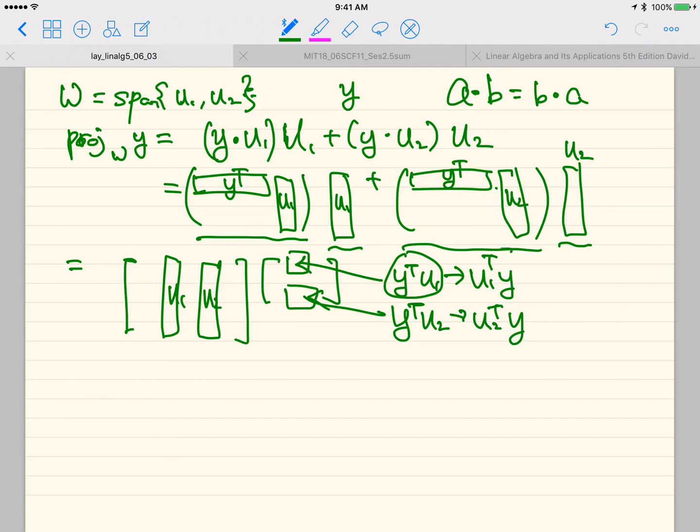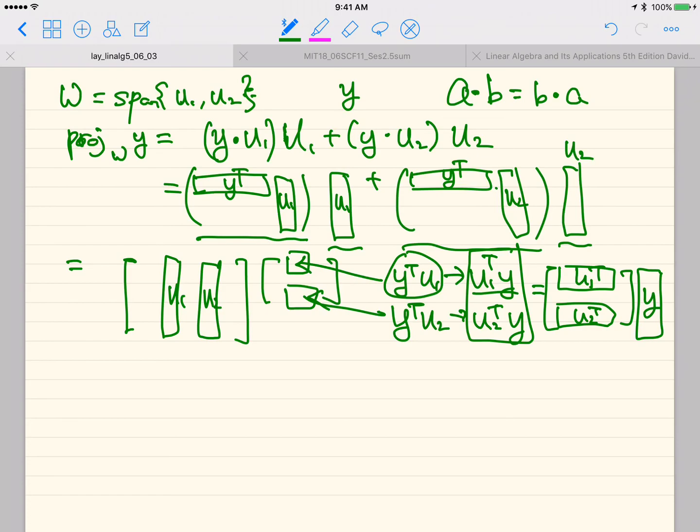Then we consider this column vector, and it can be further factorized as U1 transpose and U2 transpose, forming one big matrix, and then we have y here. Can you verify this vector is equal to this?